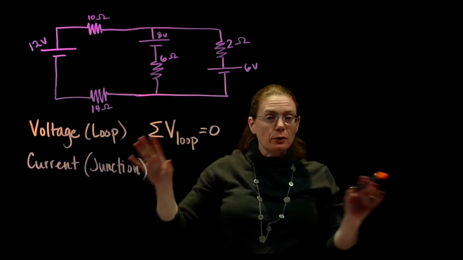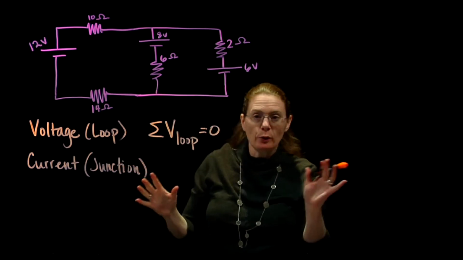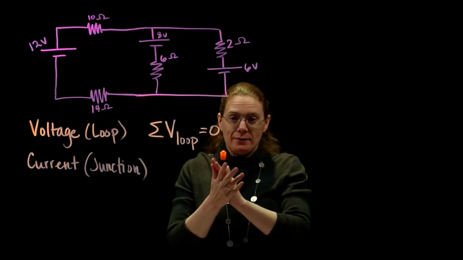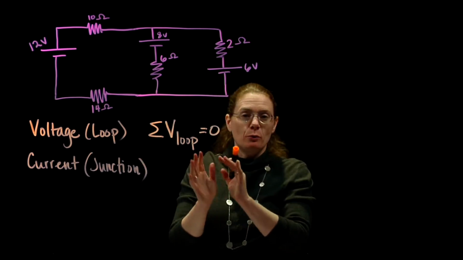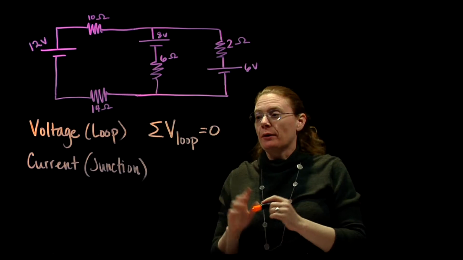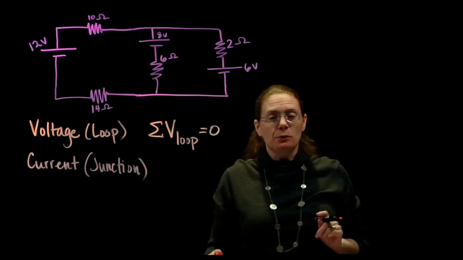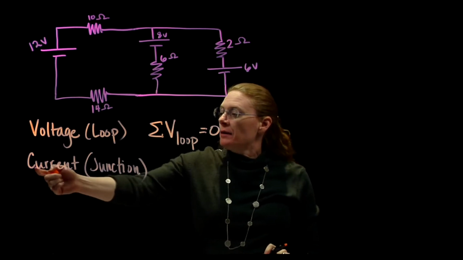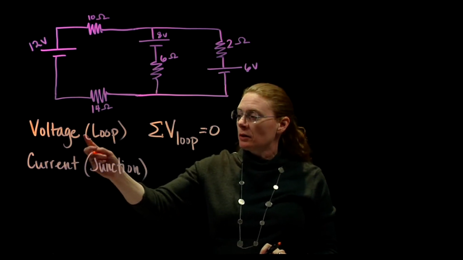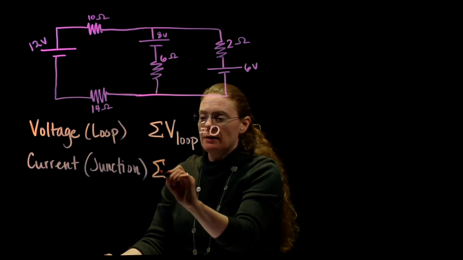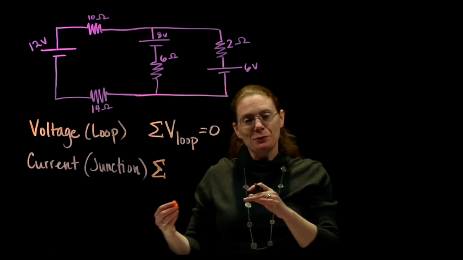And it doesn't matter where you start, it doesn't matter what loop you're on, it doesn't matter how many things are in the loop, that loop has to add up to 0 when you add up all the voltages around that loop. So the sum of the voltages around a loop has to equal 0, the loop law.